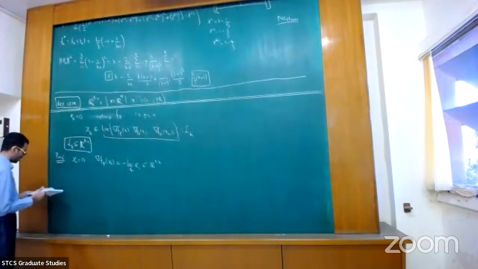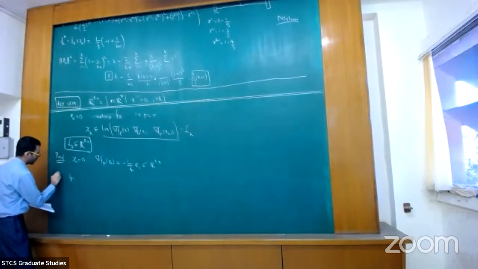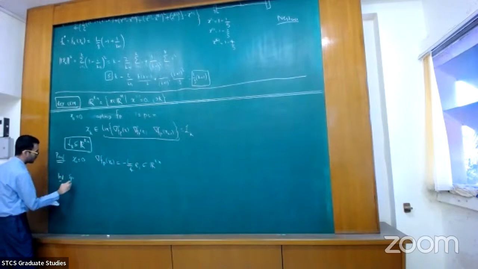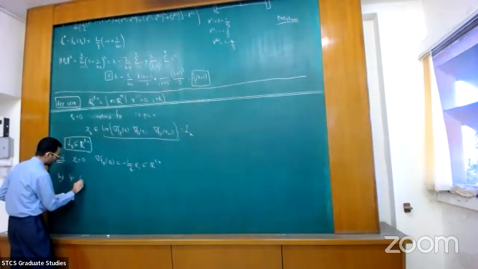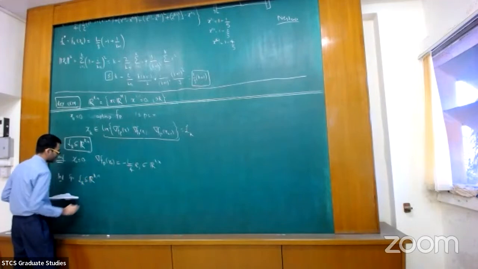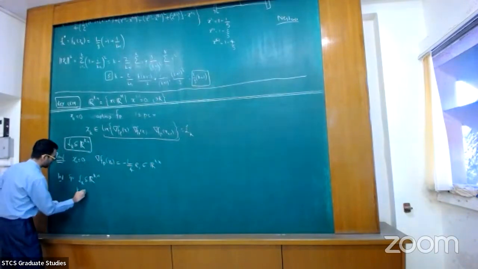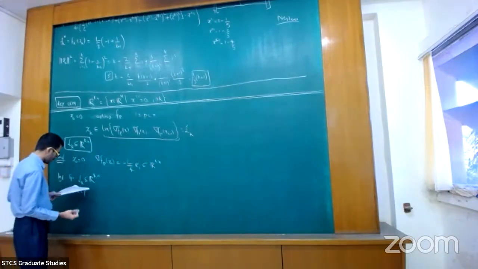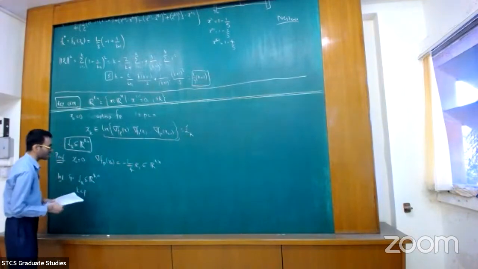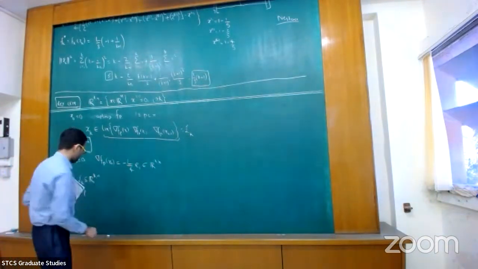Okay, now let's do induction. Suppose L_K is a subset of R_K for k less than p. Now again let's bring back our matrix.